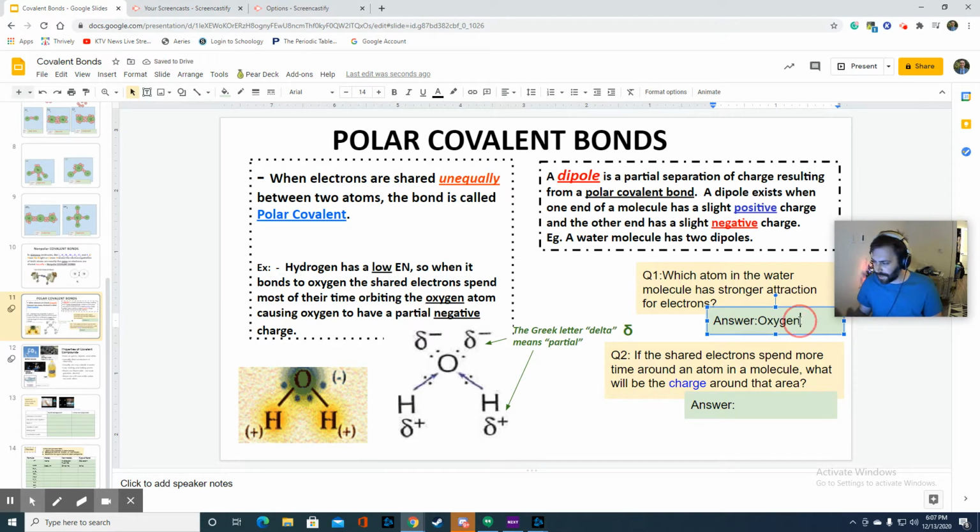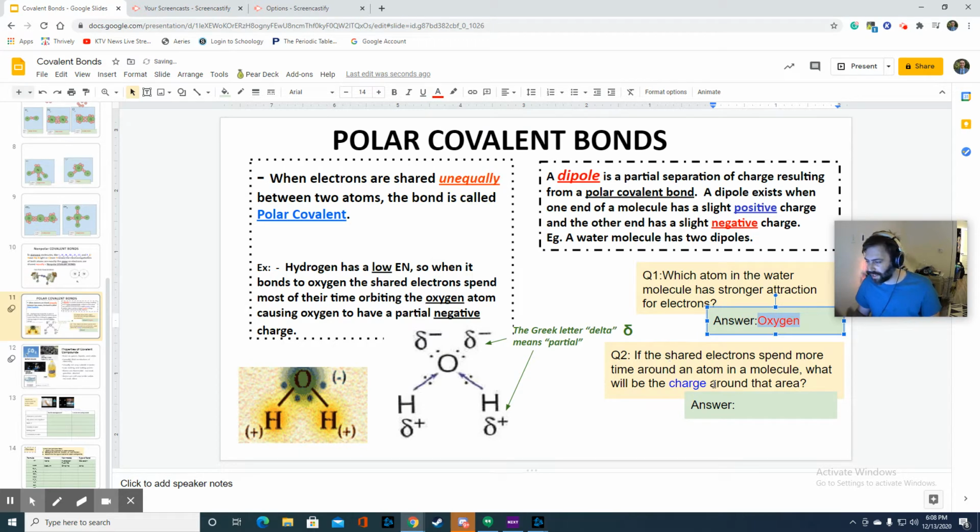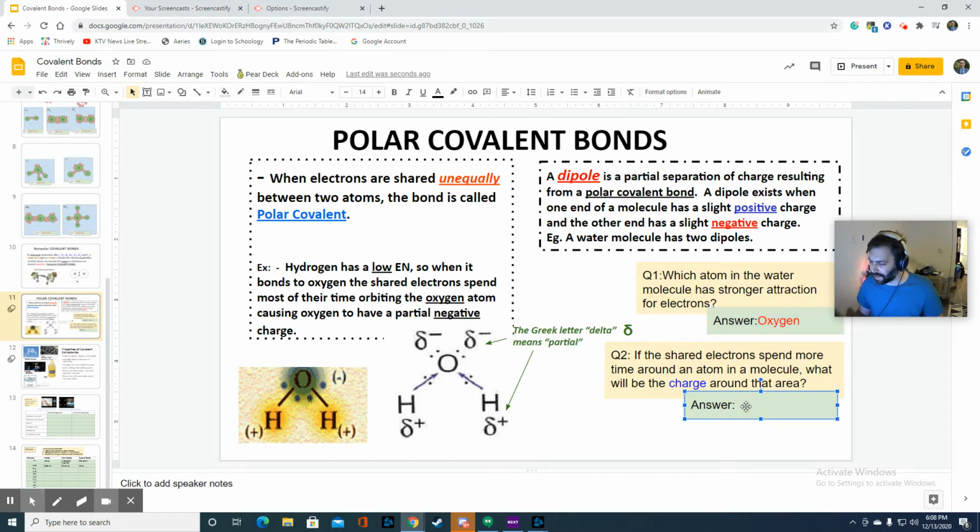Or the other question is, if the shared electrons spend more time around an atom in a molecule, what will the charge be around that area? For example, if the electrons spend more time hanging out around oxygen, what do you think that charge is going to be?